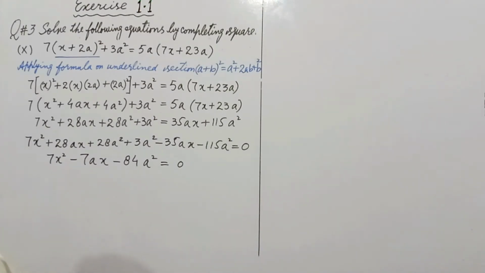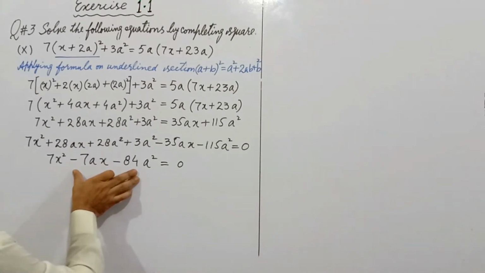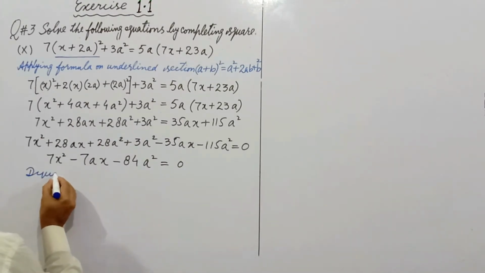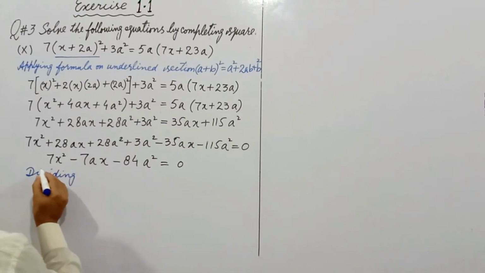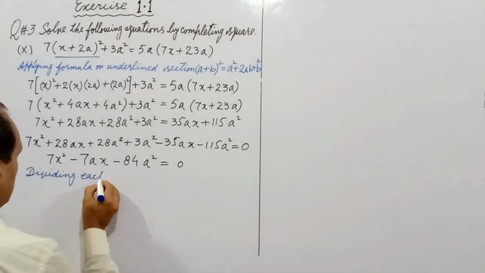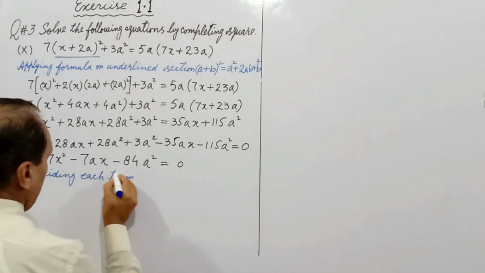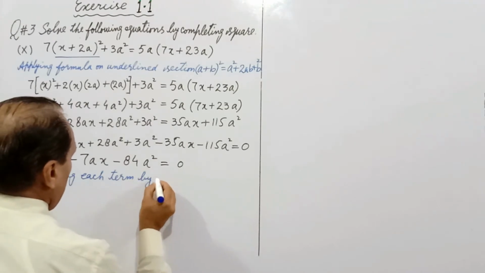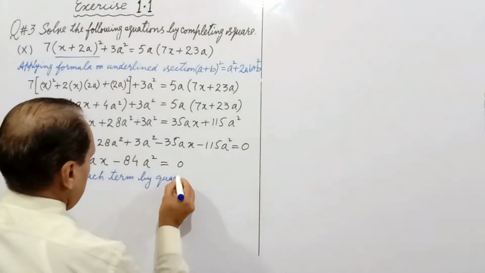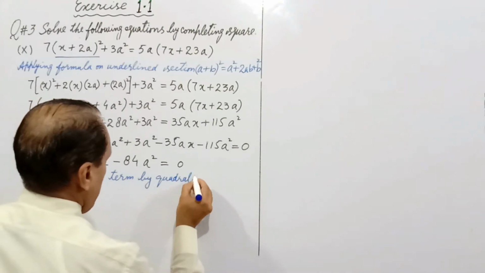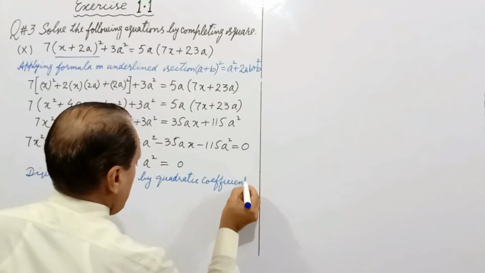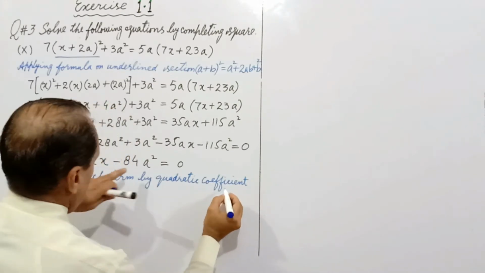We got the quadratic equation in standard form, so we apply the first step, dividing each term by the quadratic coefficient, and that is 7.